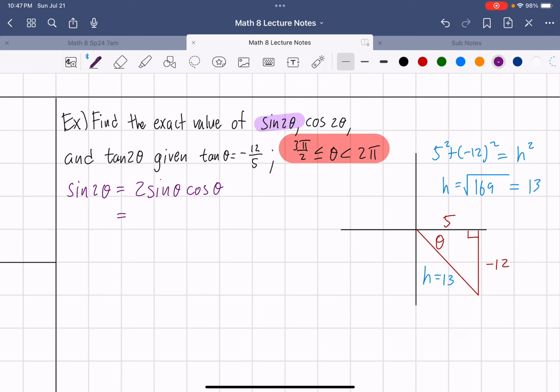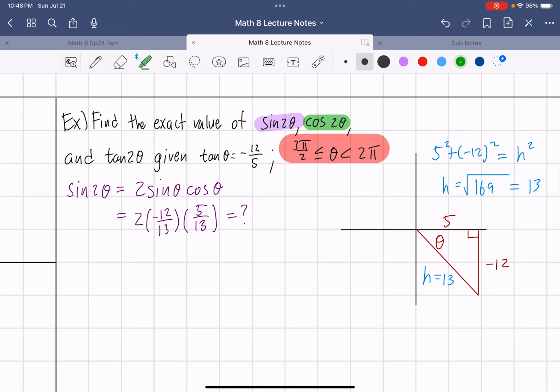That would give us 2 times sine, which is opposite over hypotenuse, -12/13, and then cosine is adjacent over hypotenuse. And for the sake of time, I'll let you multiply these numbers out to not make a very, very long video.